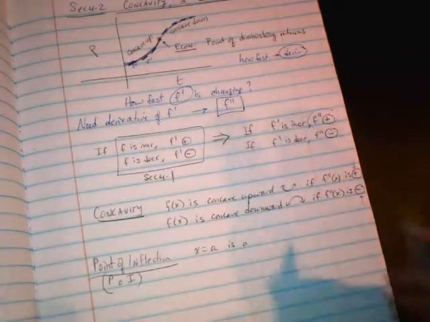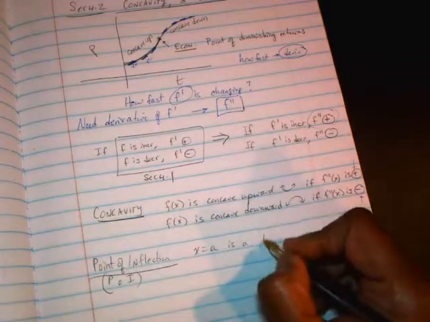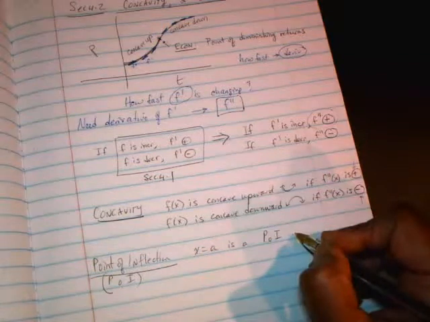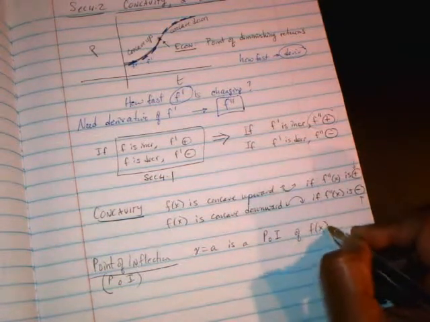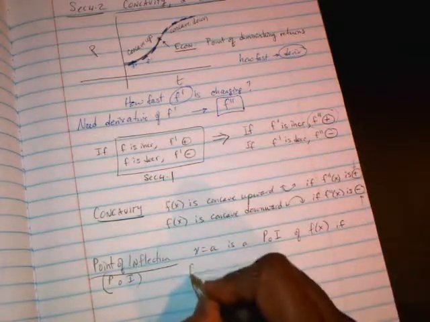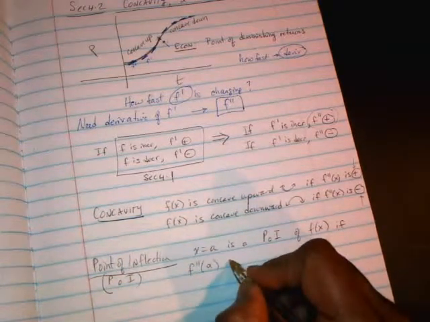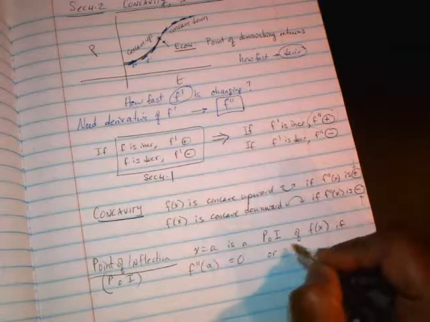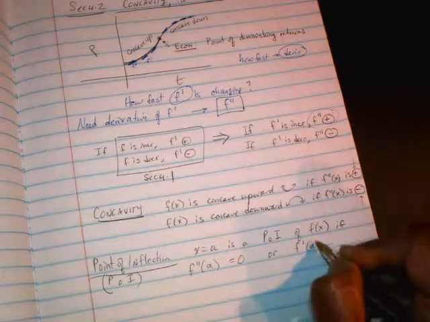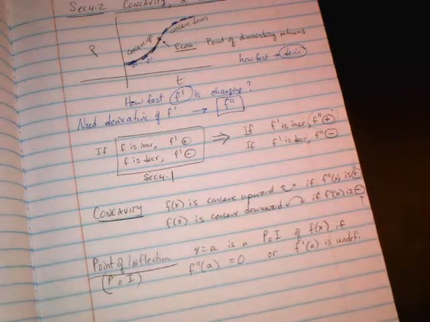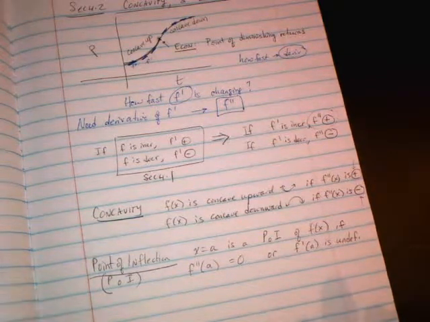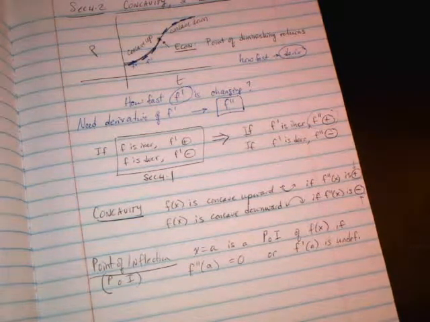POI, point of inflection. X equals a is a point of inflection of a function f of x if f double prime at a is 0 or f prime of a is undefined. So finding the point of inflection does tell you where the returns are going to be diminishing.